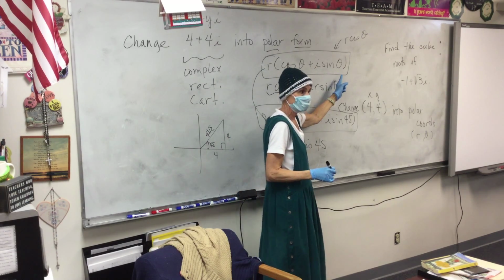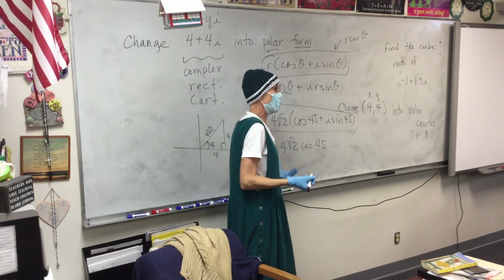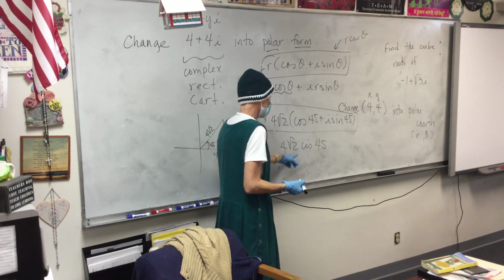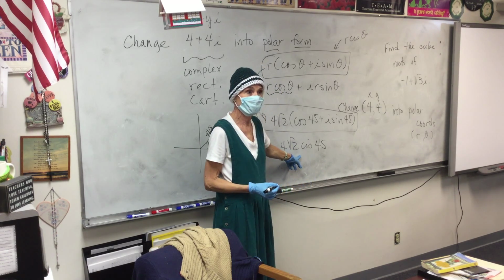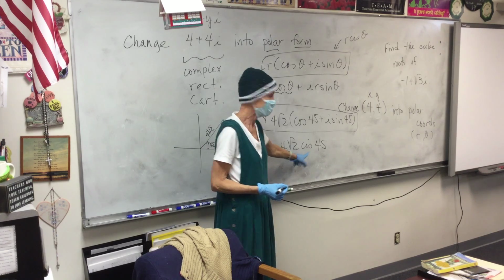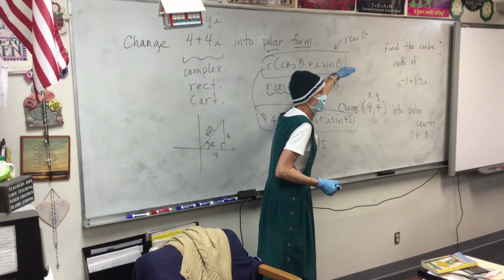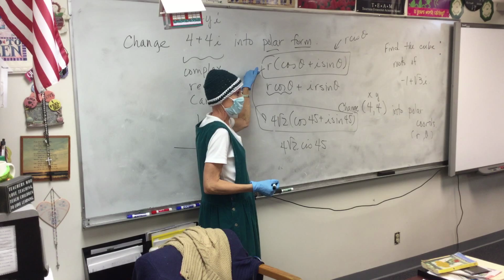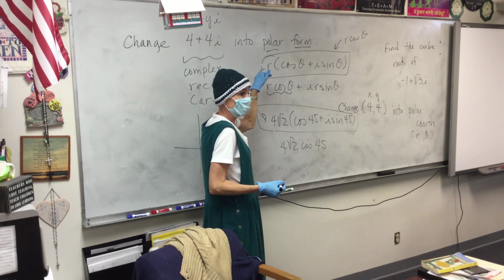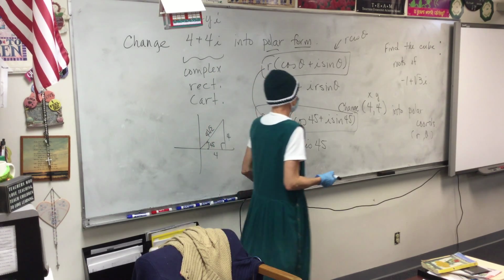Cosine i sine. We're going to be writing a lot of these numbers, so I am perfectly okay with using the shorthand, as long as you understand that it represents this. Okay? All right, let's try one more.